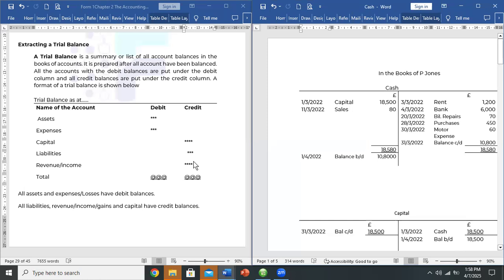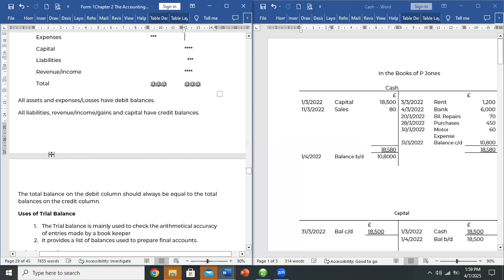So if you are required to prepare the trial balance, what you do is you first need to balance your accounts. Like we started, we balance the cash, we balance the capital. If we are to extract the trial balance, what we have to do is to create that trial balance with the following columns. Okay, so let me create one here.